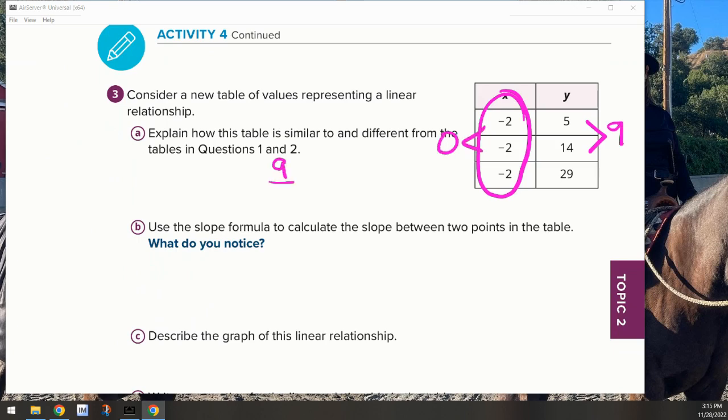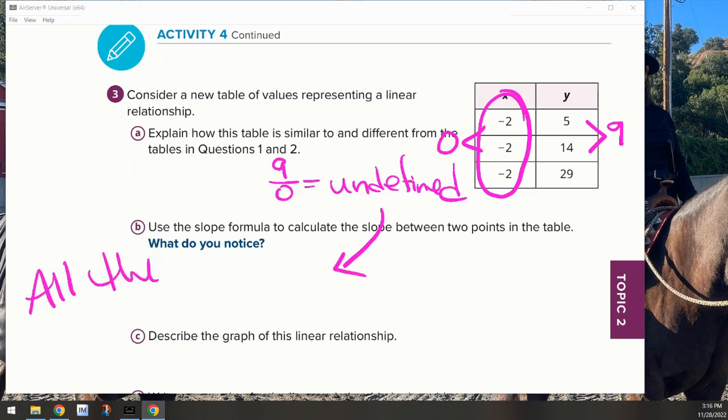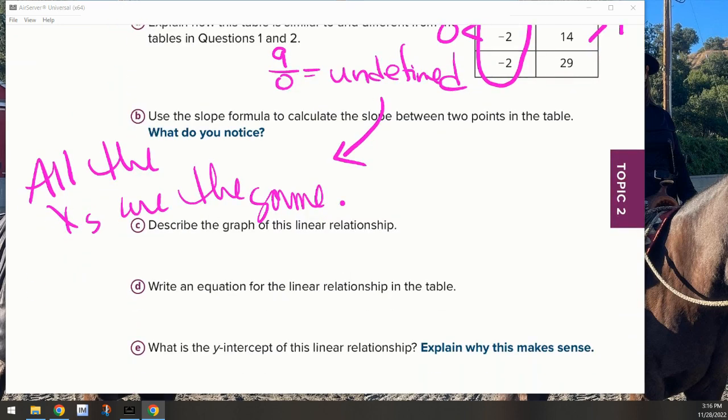So 9 over 0, that gets me undefined. Okay, that gets me undefined. Oops, that's supposed to go there. Okay, all the x's are the same. All the x's are the same.